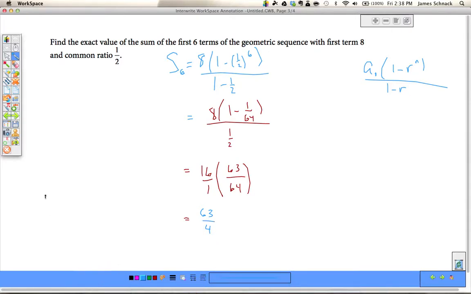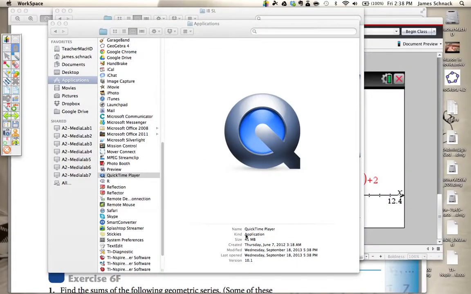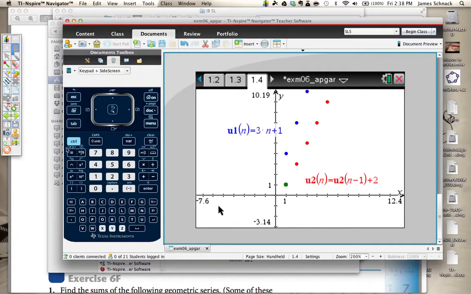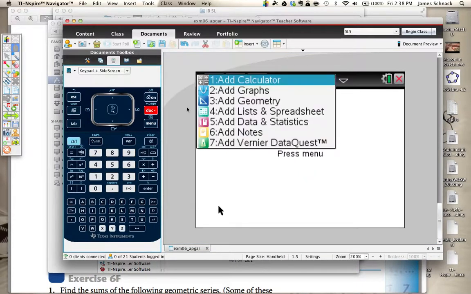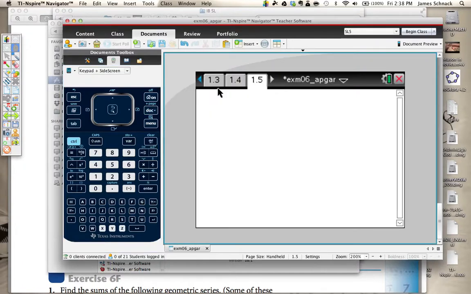Now, if we're going to use the calculator, nothing wrong with that. I just decided not to. Let me get a calculator page going here. We're going to do 8 parentheses 1 minus 1/2 raised to the 6th power.